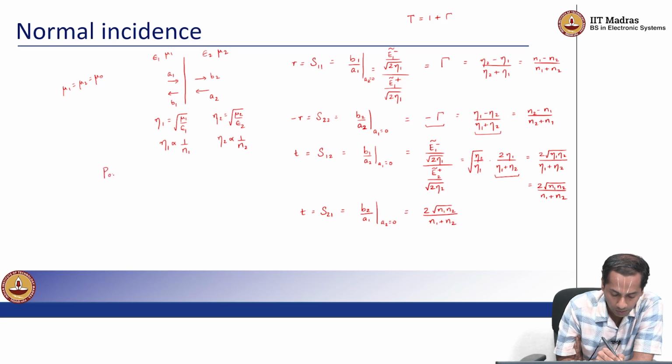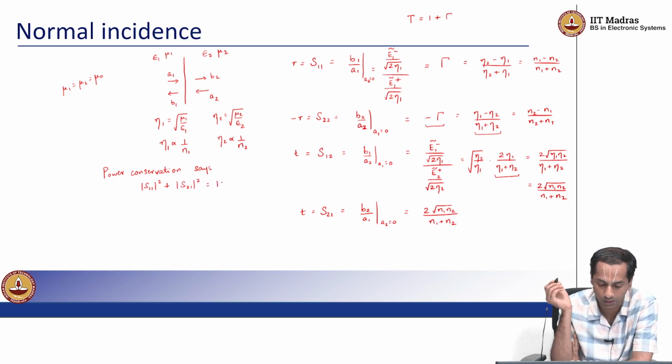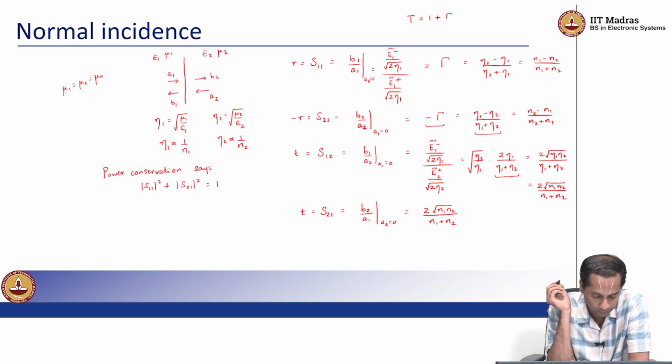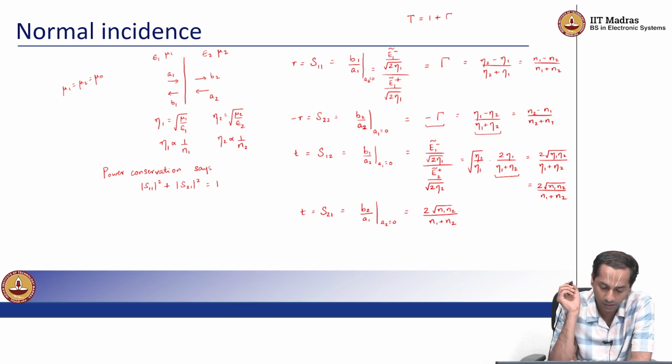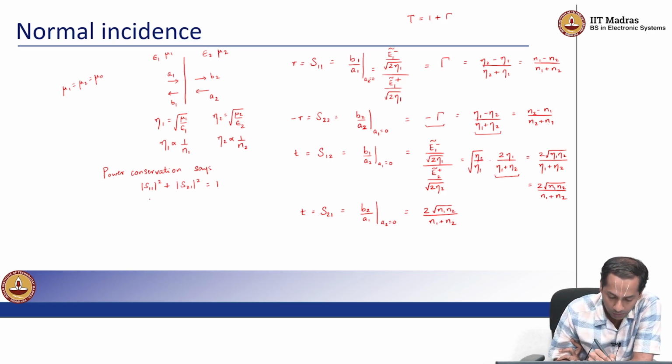So power conservation says mod of S11 squared plus mod of S21 squared is equal to 1, right? Which is to say that S11 squared is R squared plus S21 is T squared is equal to 1.